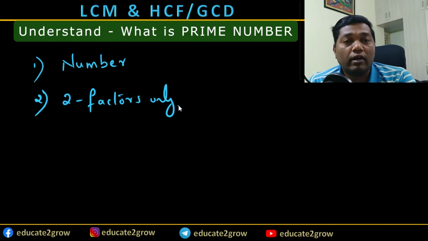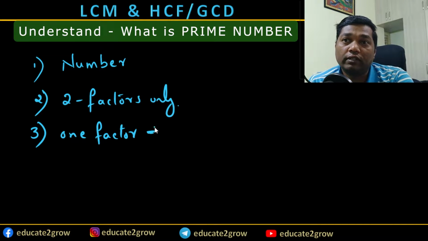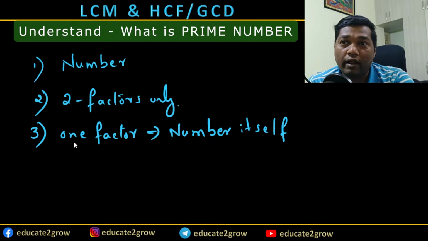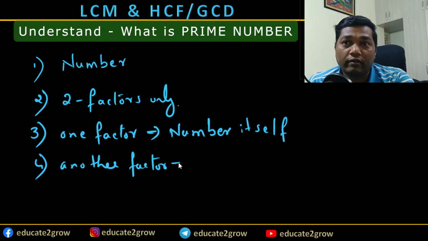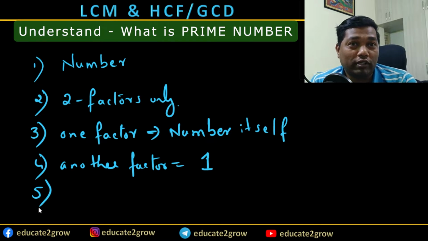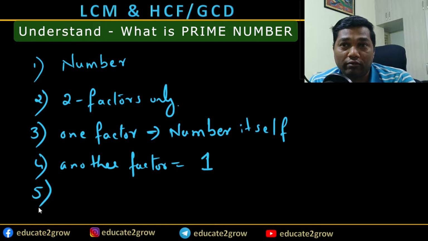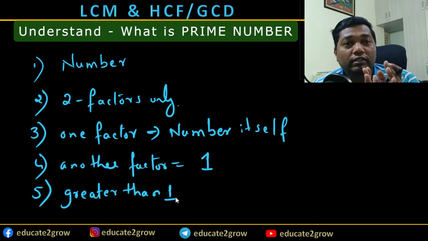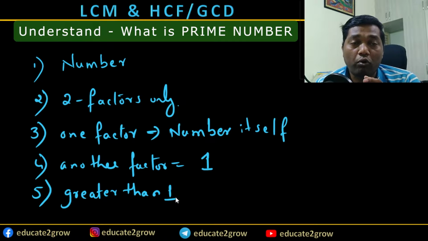In that, one factor is always the number itself, and the fourth point is that the other factor is always 1. Another important point is that it is always greater than 1. Any number which satisfies these points is a prime number.